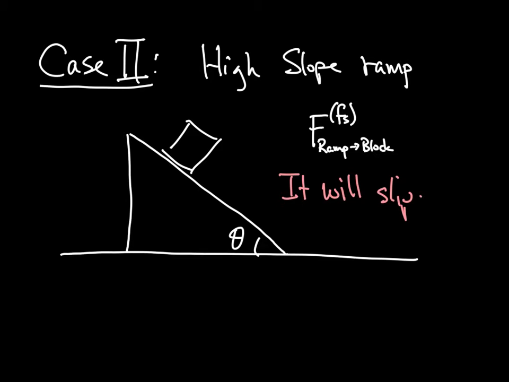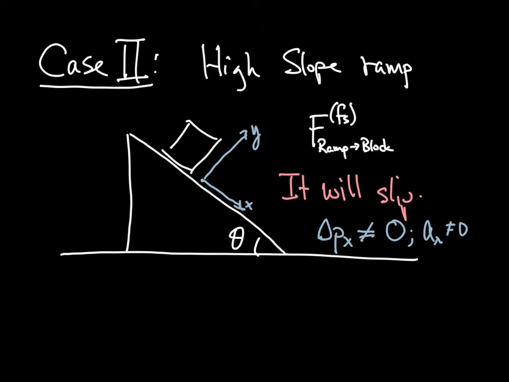So if we use the same coordinate system as before, x and y, along the ramp and perpendicular to the ramp, one of the things we're going to find is that the change in momentum in the x direction will not be 0. Or put another way, the acceleration in the x direction is not going to be 0. So we can't find the static friction force like we did before.